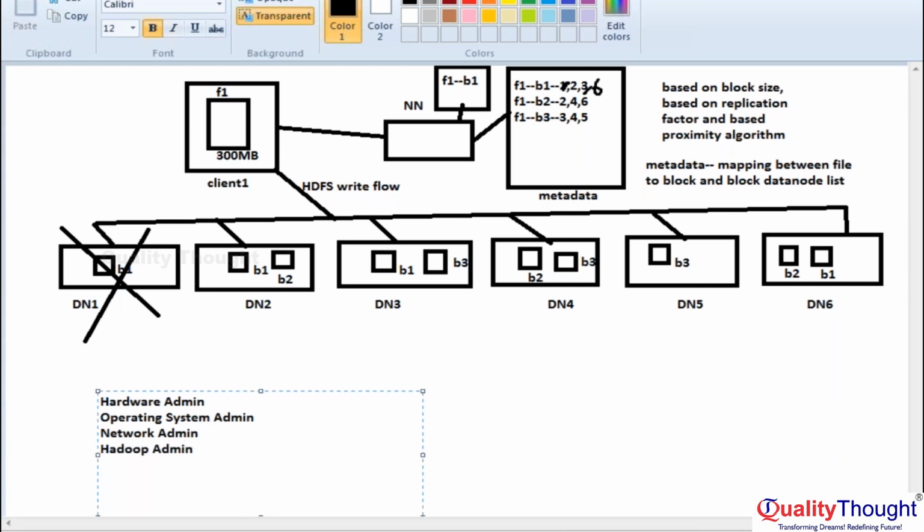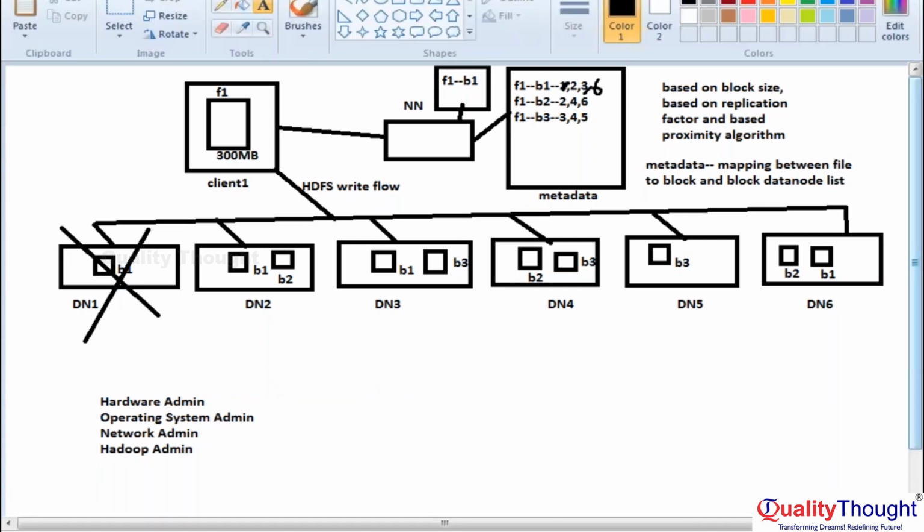So we have different administrators working. If it is a hardware issue, the hardware administrator resolves it. If it is an operating system issue, the operating system admin resolves it. If it is a network related issue, the network administrator resolves it. If it is a Hadoop related issue, the Hadoop administrator resolves it. Then finally, after the issue is resolved, this one becomes up, right?